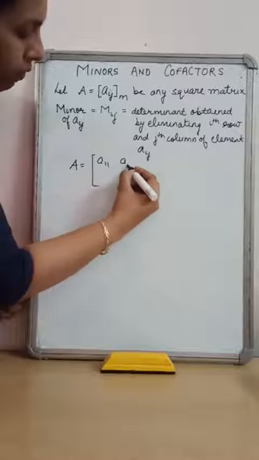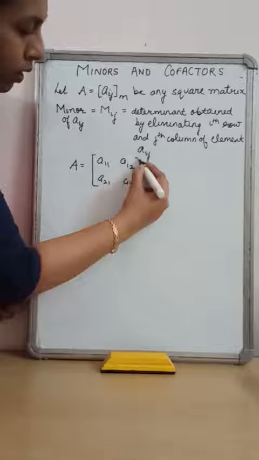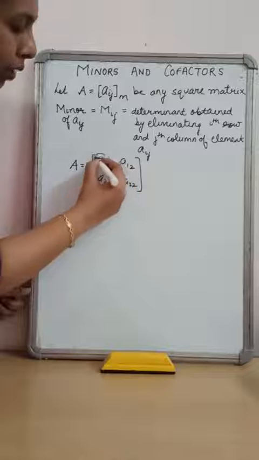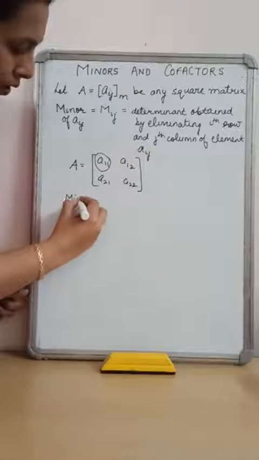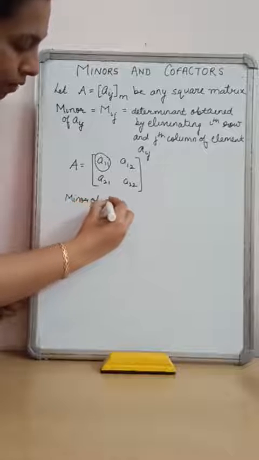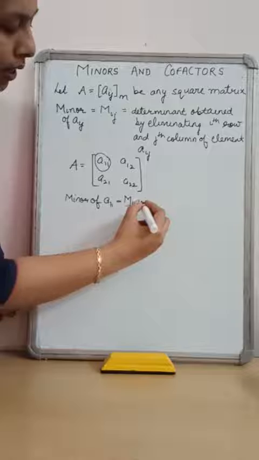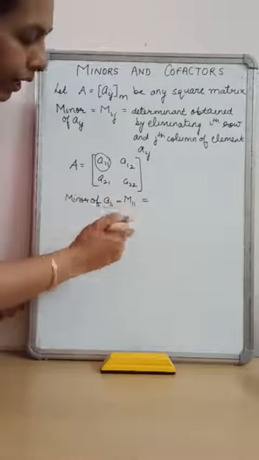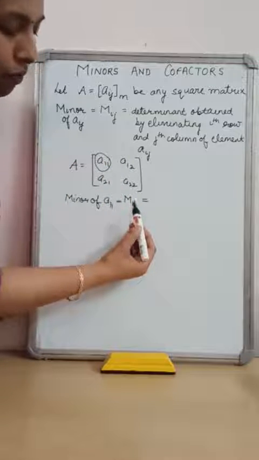A11, A12, A21, A22, then if I want to find a minor of a particular element, say A11, then the minor of A11 is denoted by a capital M11 and it is equal to the determinant obtained by removing the first row and first column.